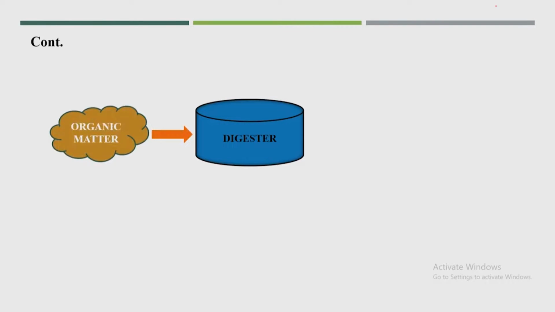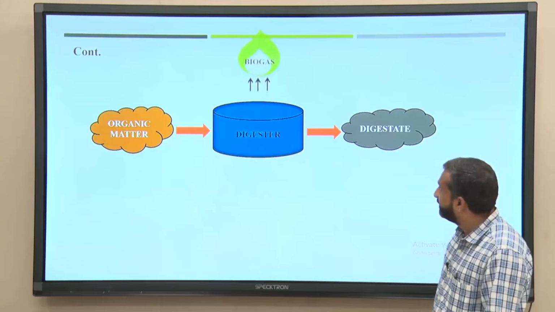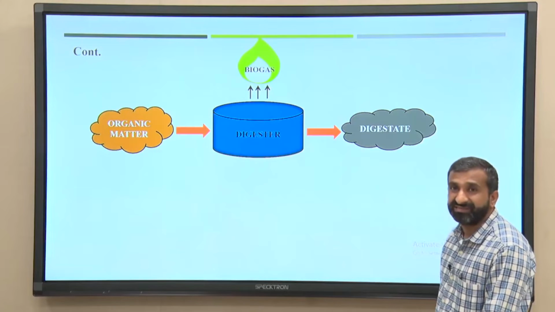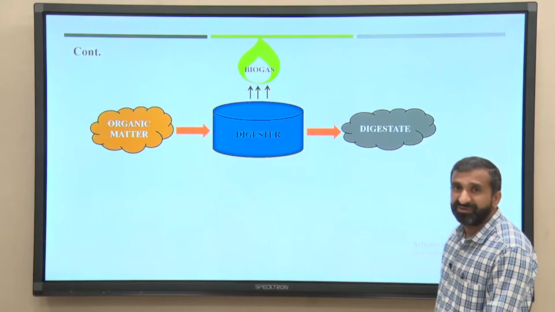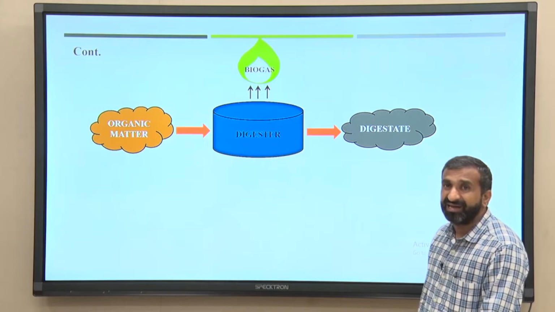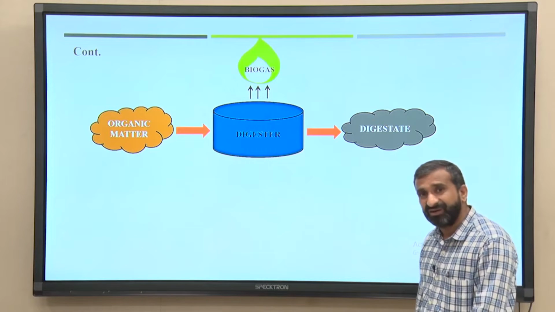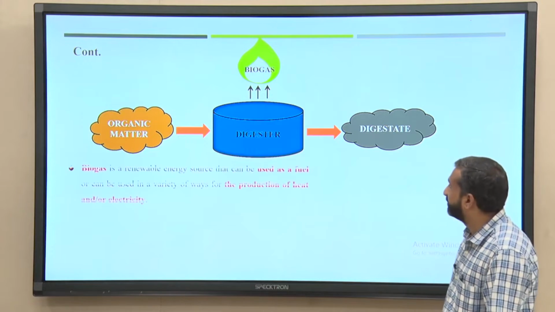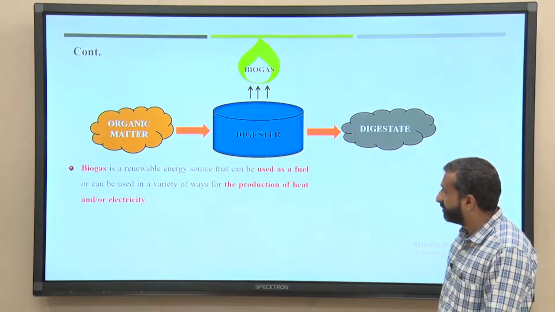So here is the digester. If you feed organic matter, finally we get digestate as an outcome of the reactor, and along with that biogas is generated. This biogas is majorly methane, a highly combustible gas, along with carbon dioxide, which is also there because of the degradation process.